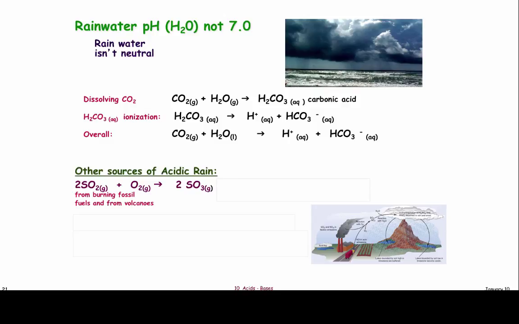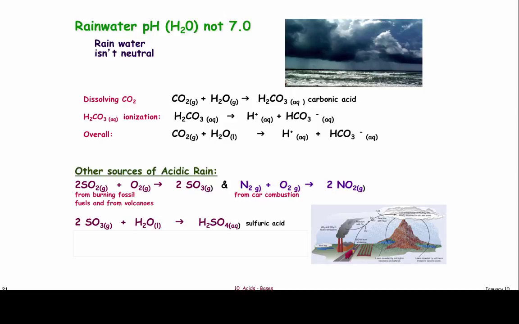Sulfur dioxide will react with oxygen further to form sulfur trioxide, and when it rains, that sulfur trioxide will react with water to form sulfuric acid. And so that's how sulfuric acid can arise from areas that burn coal as a fuel.